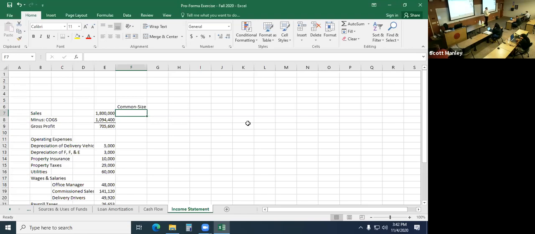You'll see gross sales less returns and allowances equals net sales. Really, this number here is a net sales number. It doesn't take into account any discounts that I might have given.